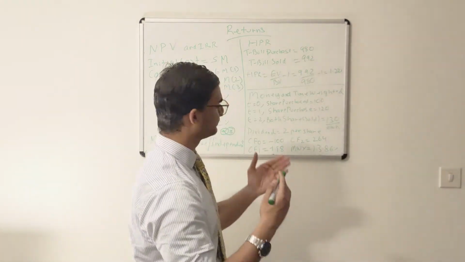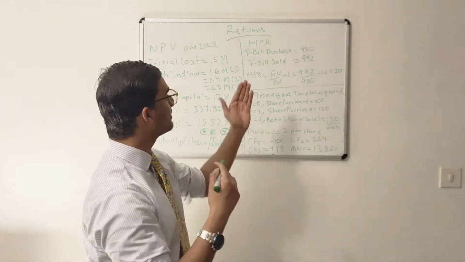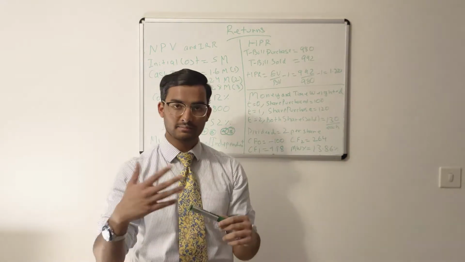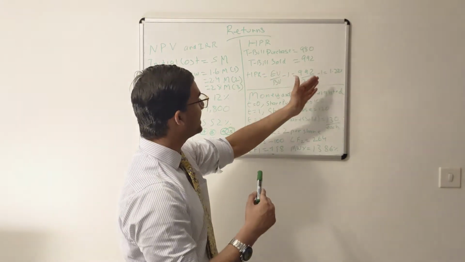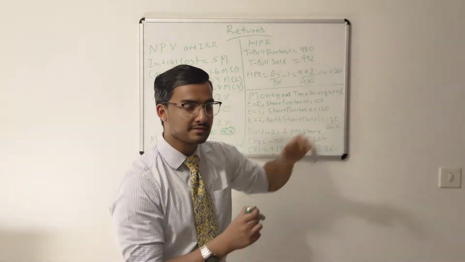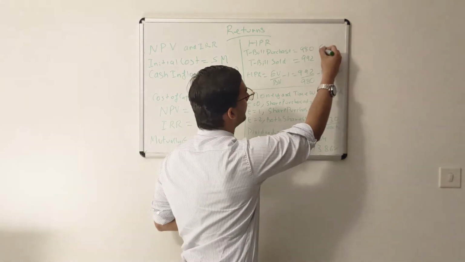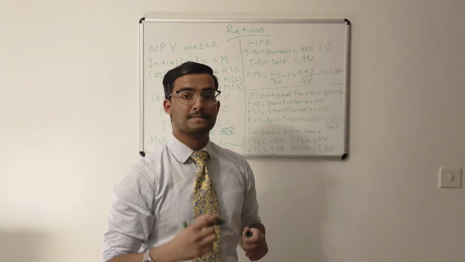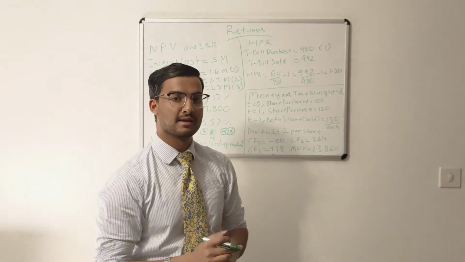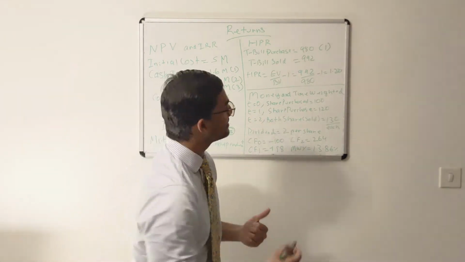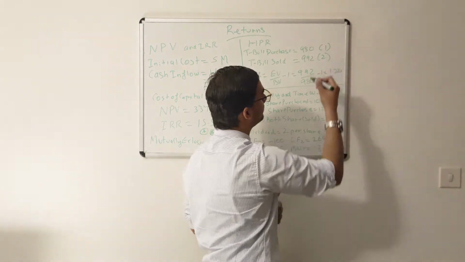Say, for example, a US Treasury bill, the 3 months, 6 months, or 1 year, has been purchased for $980 at year 1. This Treasury bill has increased to $992 in year 2.